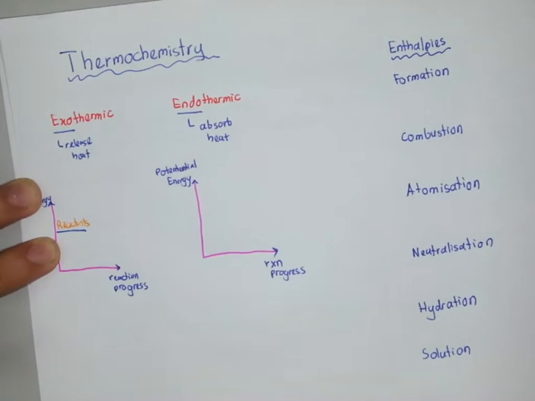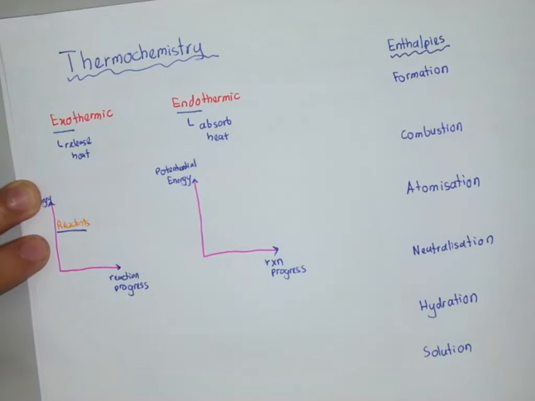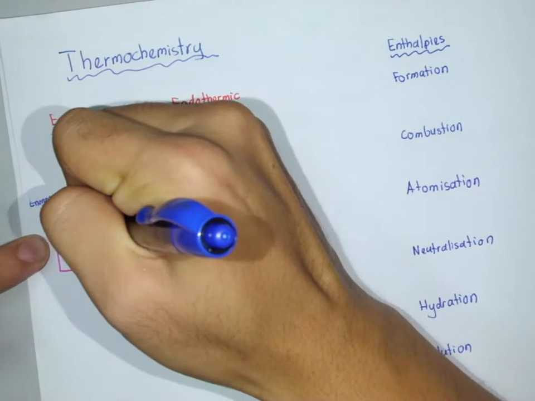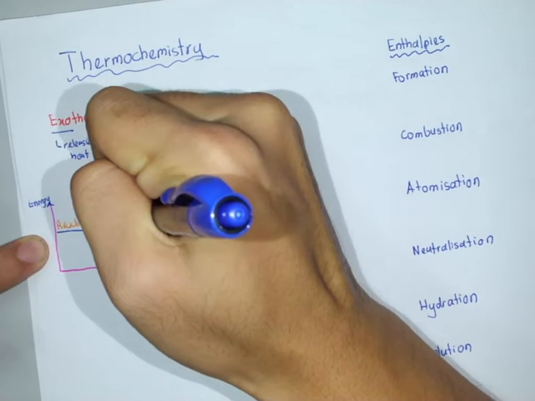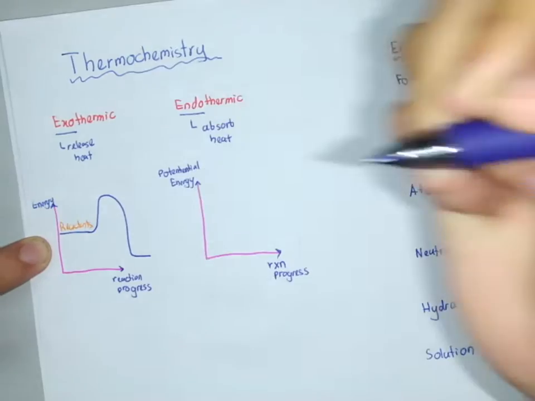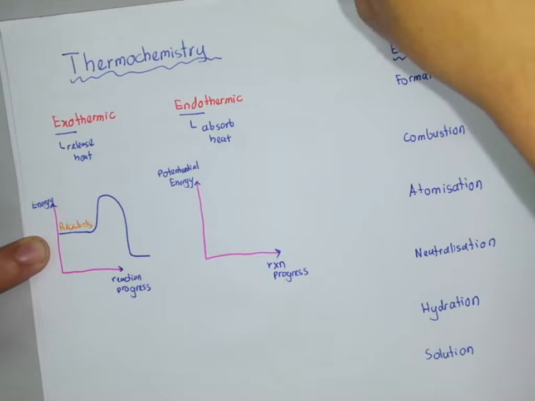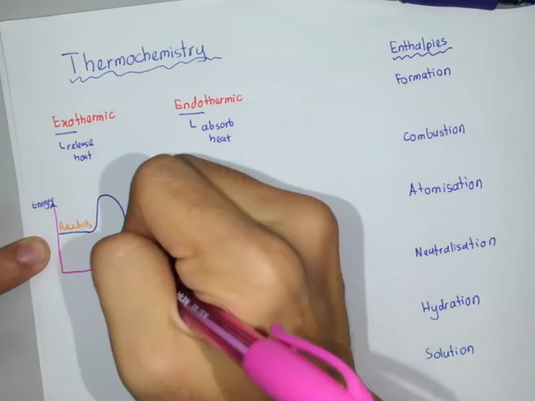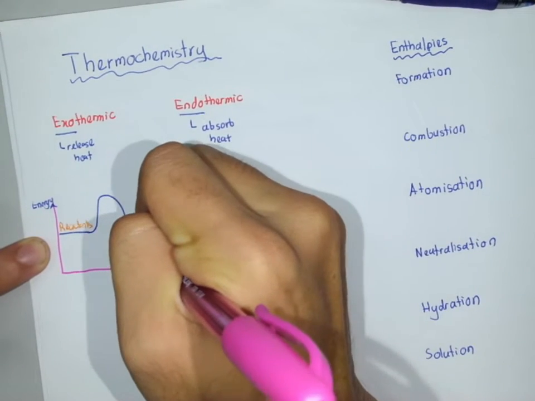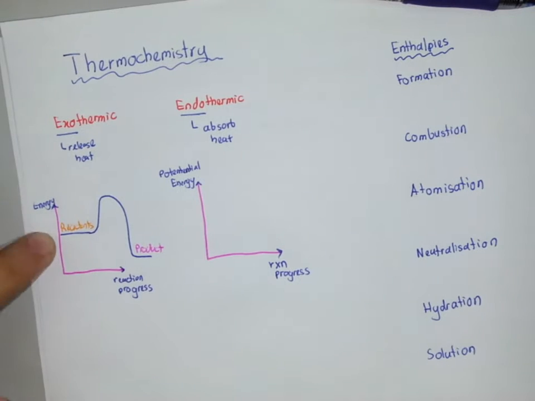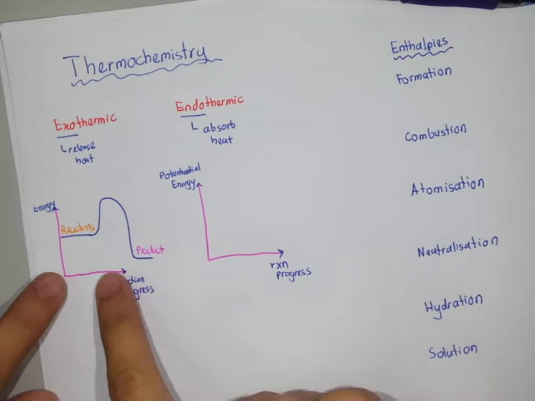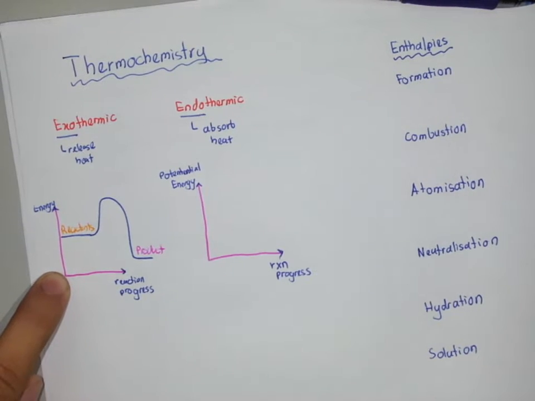So how the diagram will look? Exothermic, dia akan release heat. So we will have an energy barrier, and then kita akan ada dia punya product. Kalau boleh buat panjang sikit, ini dah terpendek lah pula.